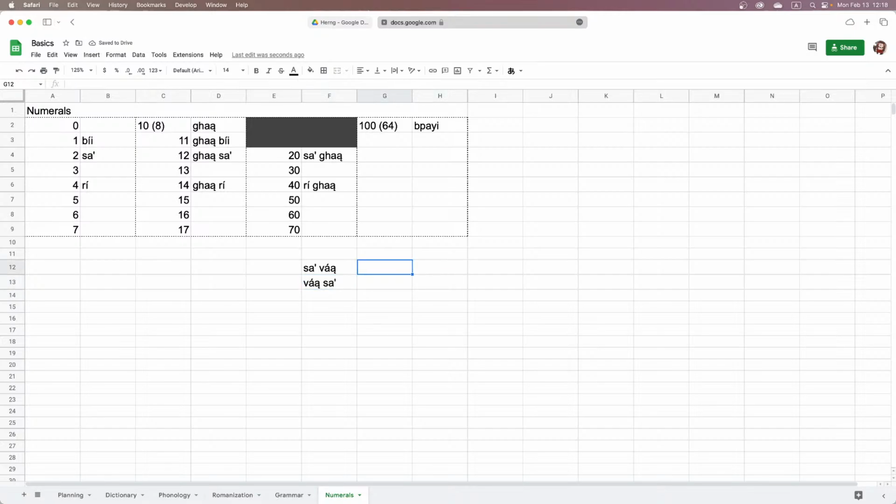Or we could do the way of having measure words with them.